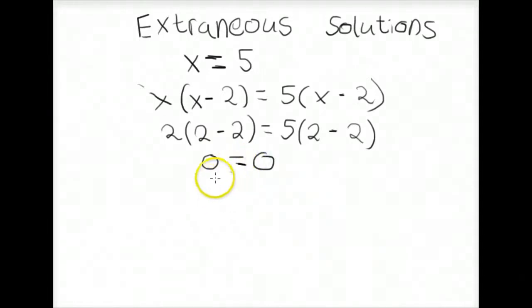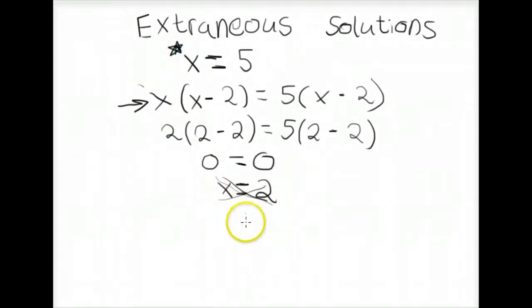Now, this might then lead someone to believe that x equals 2, but this solution would be considered extraneous because it is satisfied by the transformed equation, this equation right here, but it is not satisfied by this equation because this equation states that x is only equal to 5. So we're going to say that this is an extraneous solution.